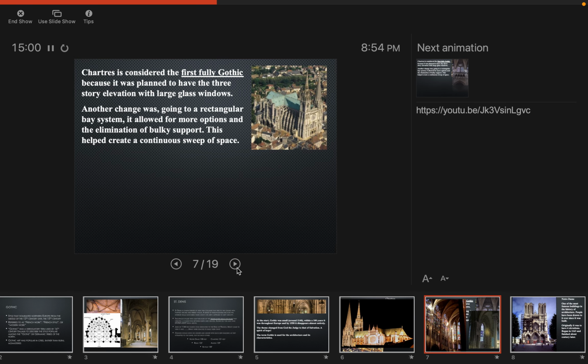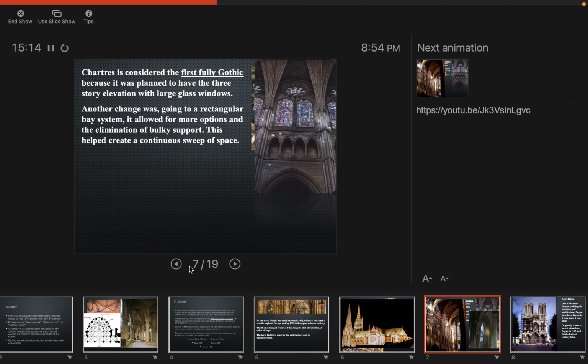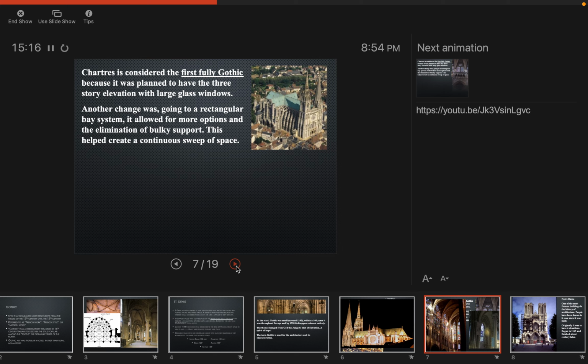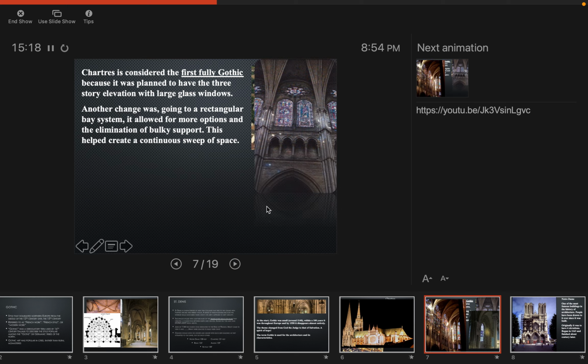Another change was going to a rectangular base system. It allowed for more options and the elimination of bulky support. This created a continuous sweep of space. So we see the outside view again, but each one of these kind of breaks would be considered a story.